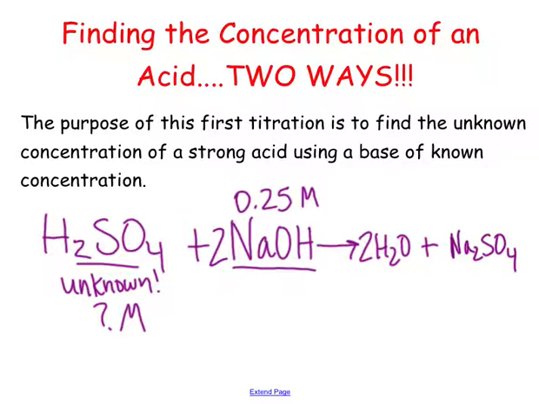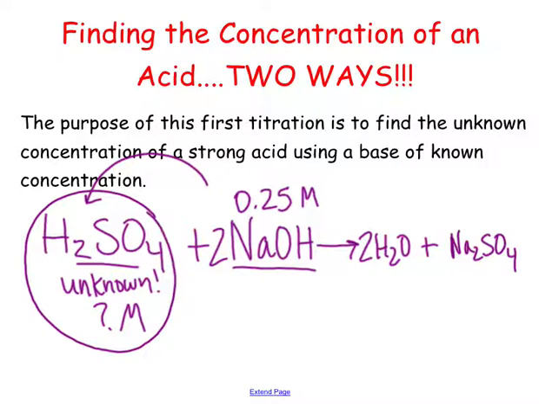So the point of the titration is going to be to find enough information where you can figure out stoichiometrically how many moles of sulfuric acid reacted with a given amount of sodium hydroxide. So what do you take from the titration?